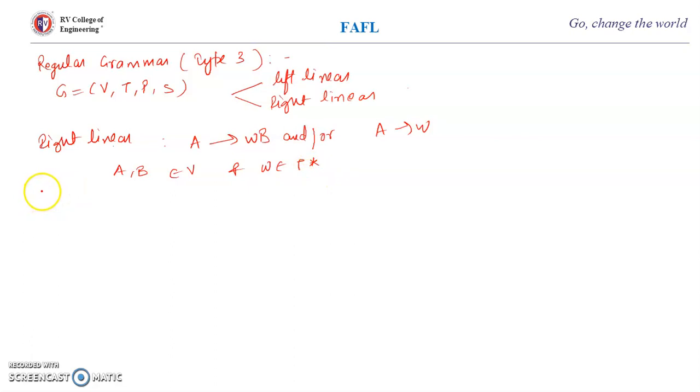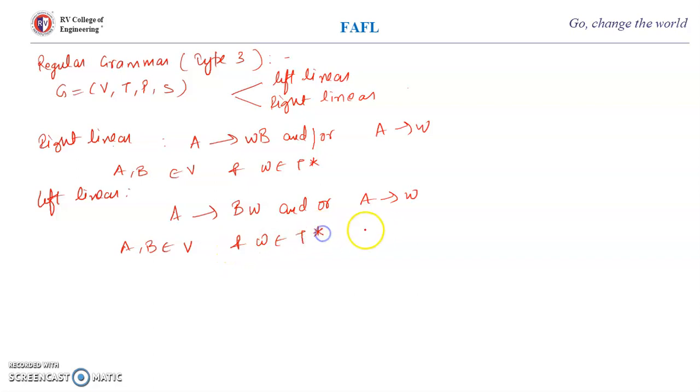And a grammar will be left linear if all the productions are of the form A to Bw, or A to w, where A and B belong to V, or we can say A and B are non-terminals and w is terminals including the null string.